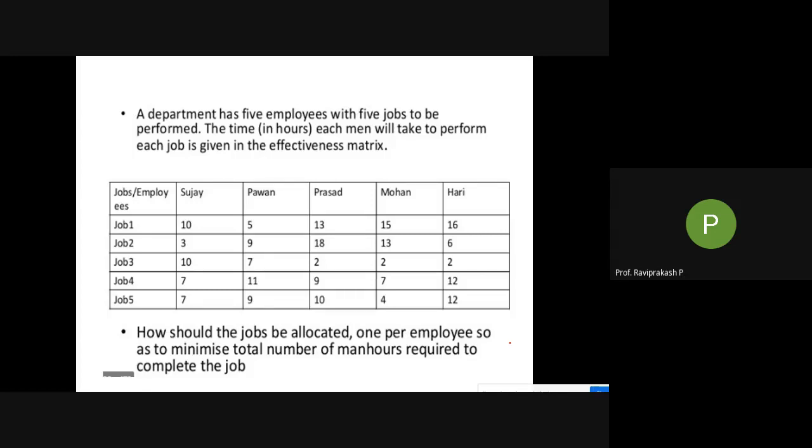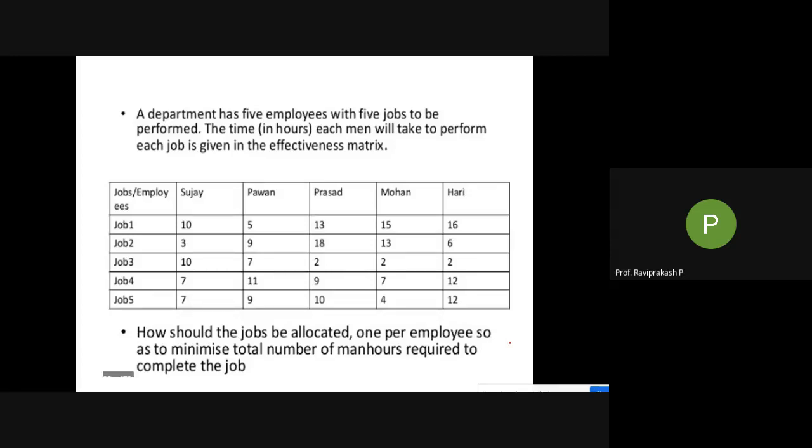A department has 5 employees with 5 jobs to be performed.